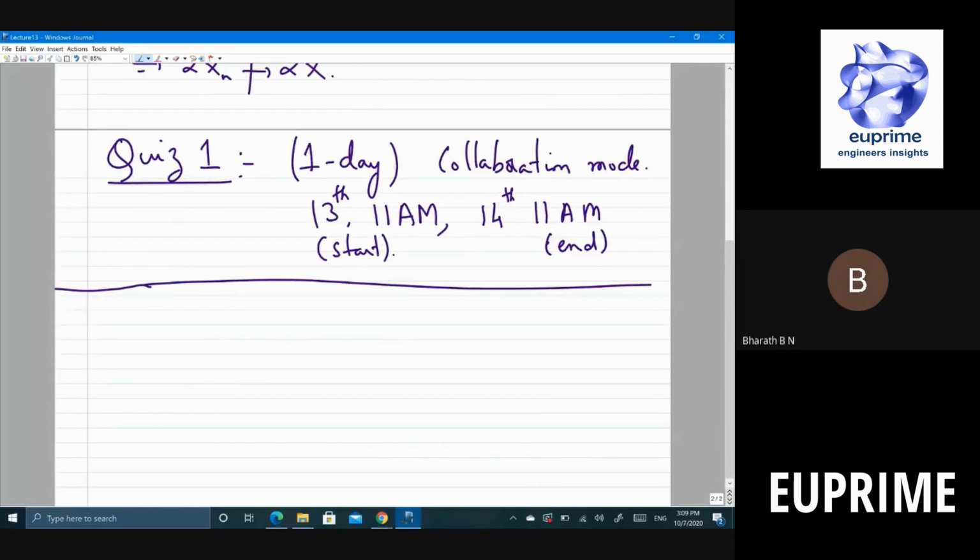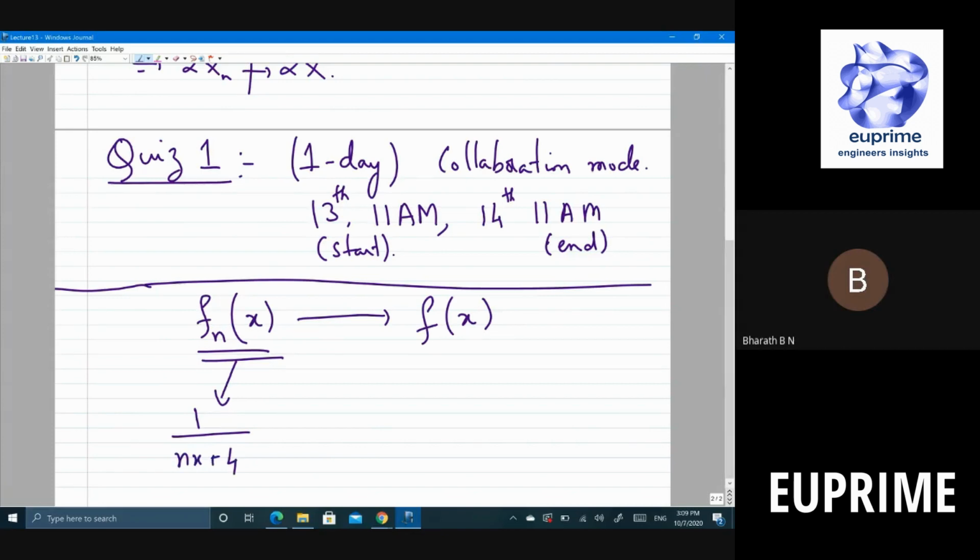So forget about probability now. Let's assume that you are just looking at some function instead of a random variable. So when do you say that a sequence of functions converges to f of x? Now you are looking at a sequence of functions. An example could be 1 by nx plus 4.